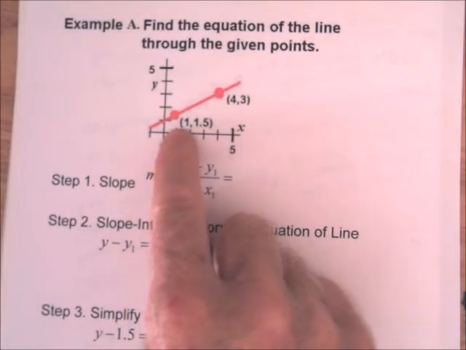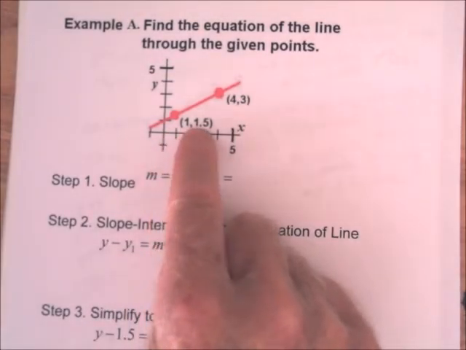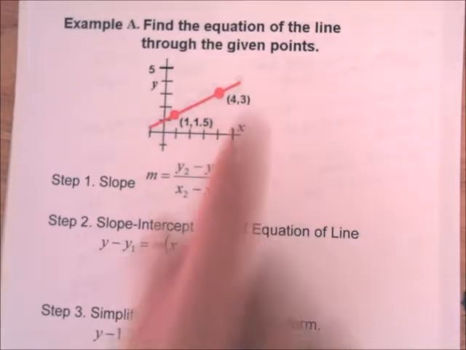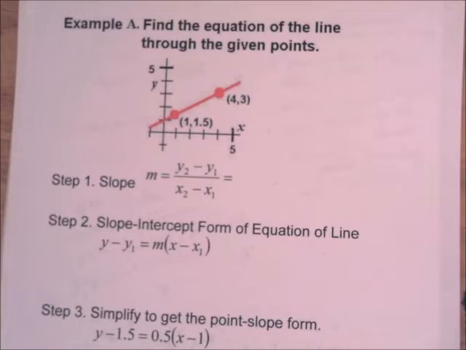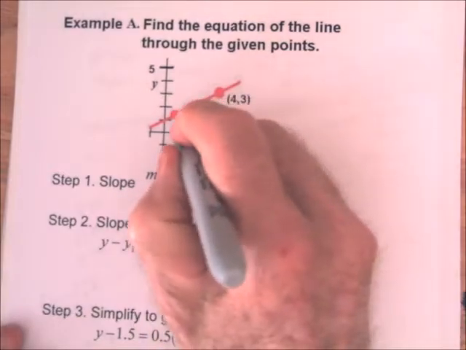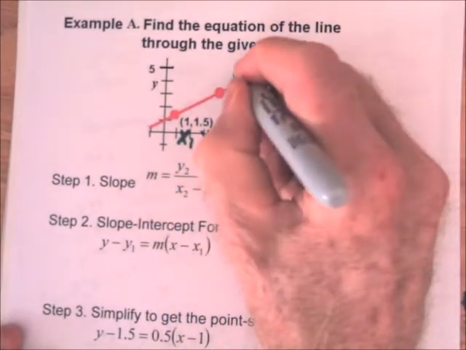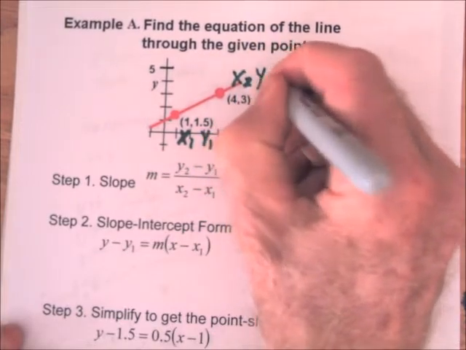So we're given 2 points here. We have the point 1 comma 1.5 and the point 4 comma 3. I'll label these x1, y1, and this one I'll label x2, y2.